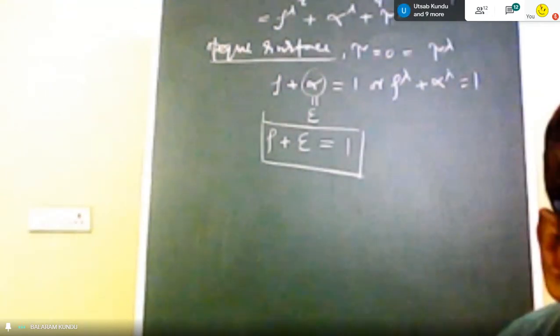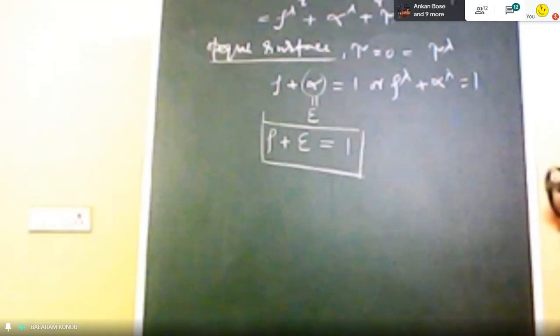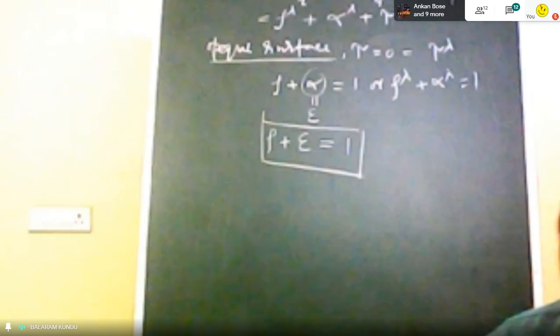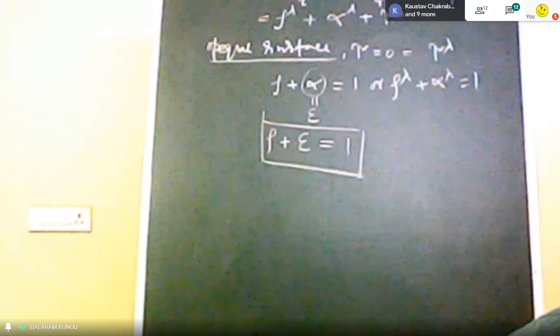Clear? So alpha equal to epsilon. Epsilon means here emissivity. So what is emissivity? Can you define emissivity? Anybody can say?